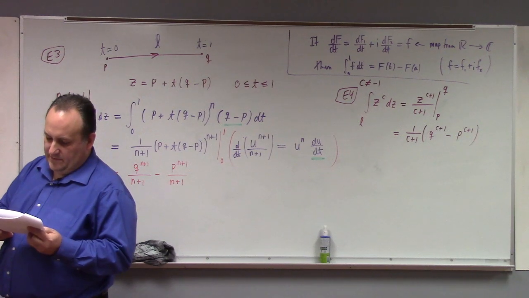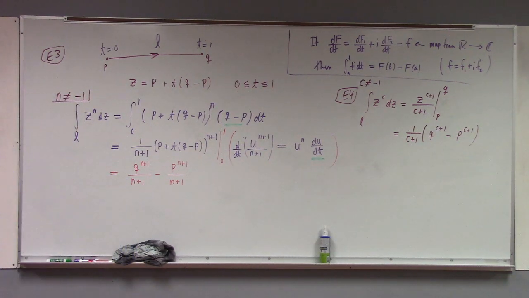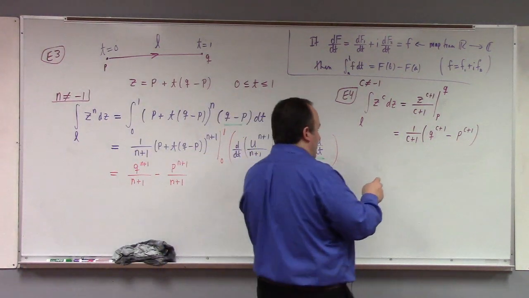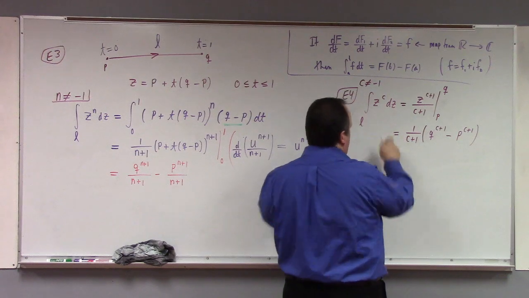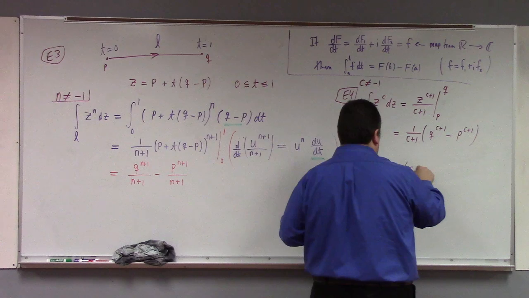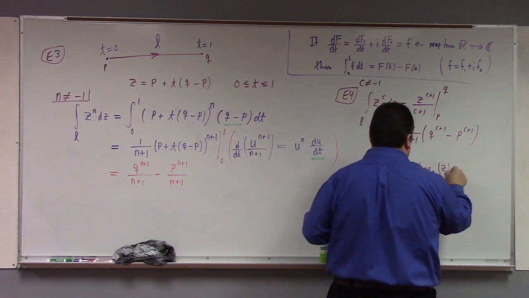Well, okay, so the fine print here is I have P and Q fall in a subset of C on which a single value of z to the c is defined. So we are assuming that z to the c is the exponential of c log alpha of z, let's say.